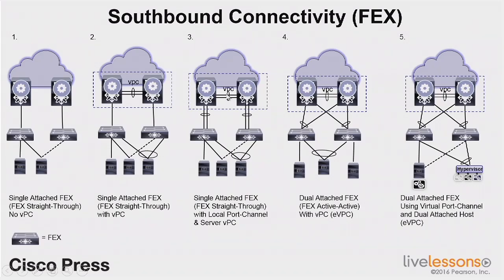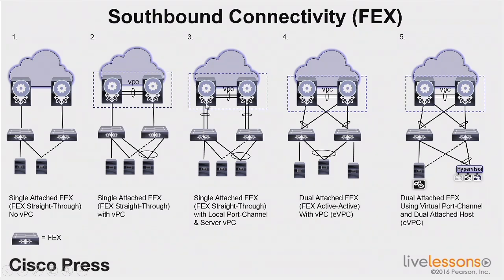The third scenario says, hey, I want to go ahead and take the same topology of 2, but I want to do FEX straight through, which is from the FEX Fabric interface here to the top of rack device here, and I'm going to do port channels to accommodate for high availability, to where I'm not relying on a single link failure between my FEX and my parent switch.